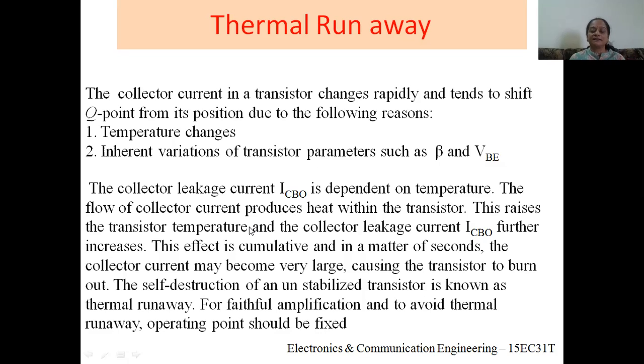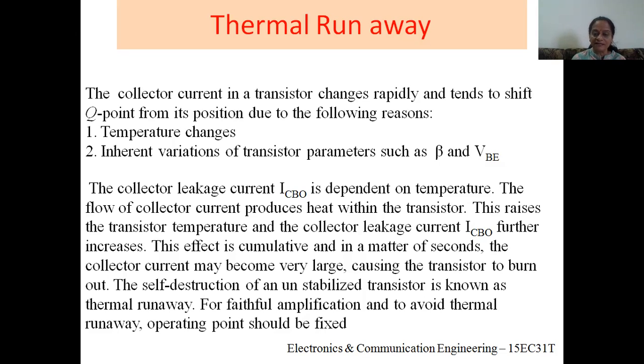So basically, thermal runaway is nothing but the collector leakage current, which is dependent on temperature. The flow of collector current produces heat in a transistor. This heat increases the temperature of the transistor, and the collector current increases. And this effect is cumulative. Within a fraction of a second, the collector current may become very large, causing the transistor to burn out.